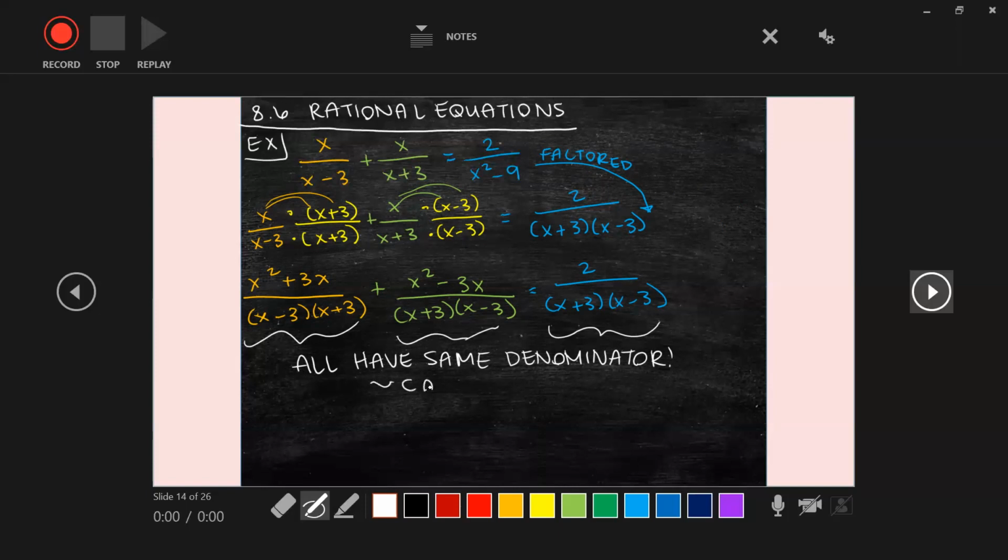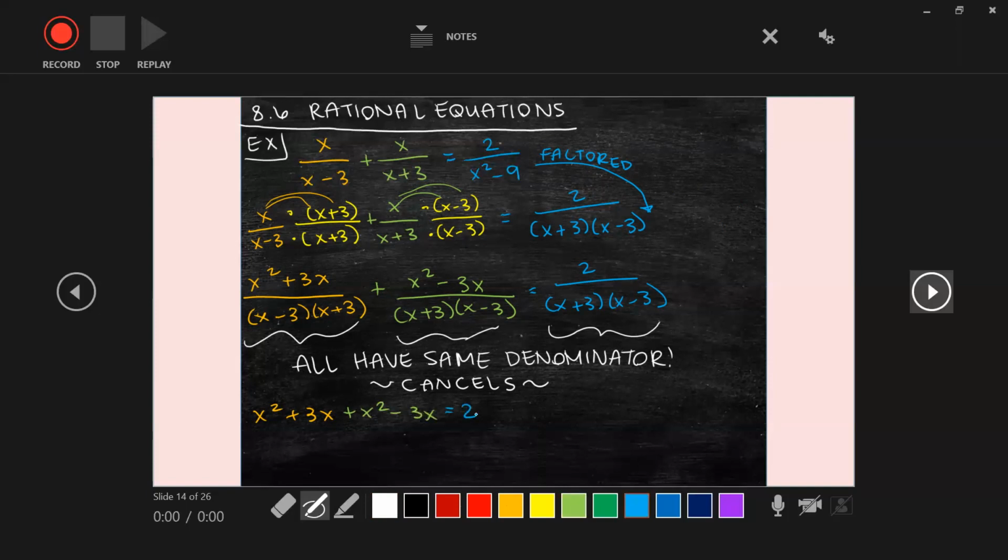It cancels. So the point of getting that common denominator is so that if we cancel out all those denominators, what we have left is x squared plus 3x plus x squared minus 3x is equal to 2.